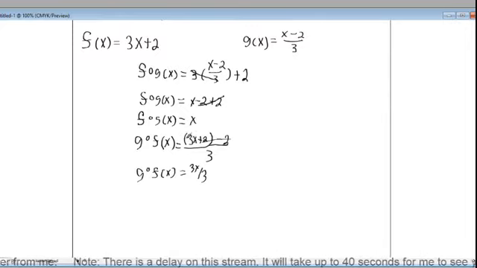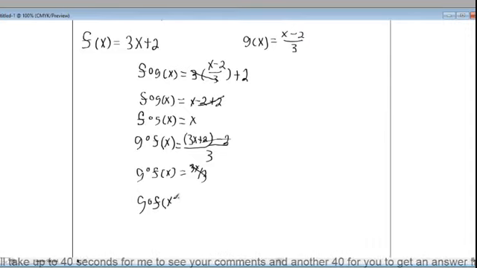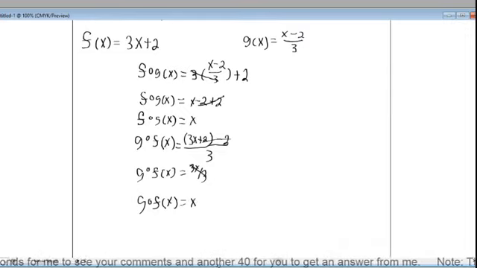Well, yet again, we are multiplying 3 times x and then dividing by 3, so those 3's are going to cancel, giving us g composed of f of x is just x. So, yeah, we actually got the same thing here. F composed of g, everything cancels out and just leaves us with x. G composed of f, everything cancels out and leaves us with just x.